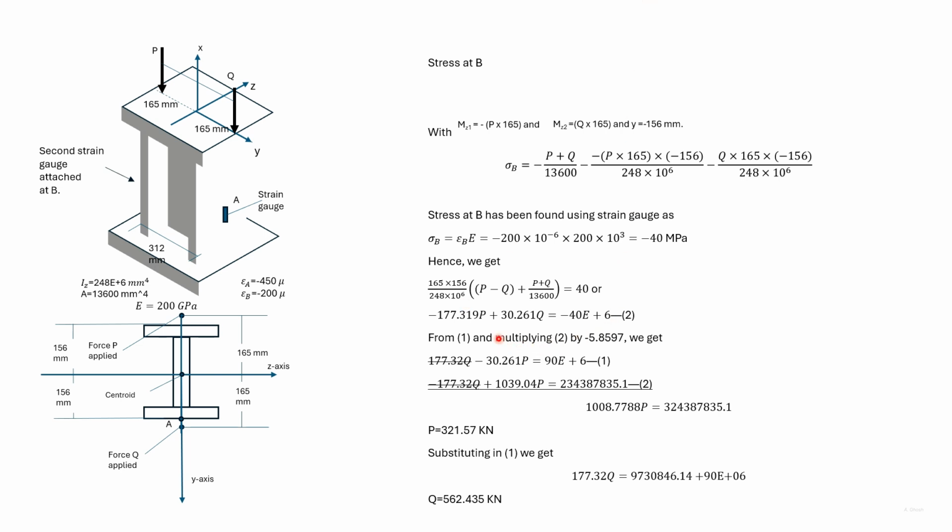In order to get equal and opposite coefficients in front of Q in equations 1 and 2, we multiply equation 2 by this constant value. From the simultaneous equations 1 and 2, we get the value of P. Substituting the value of P in equation 1, we get the value of Q as well.